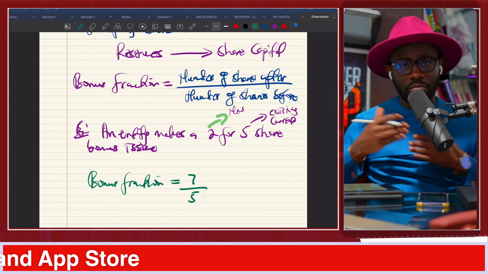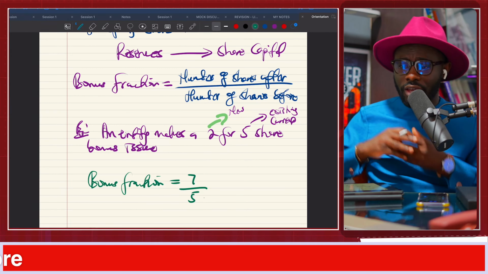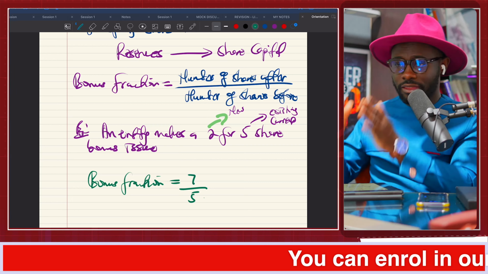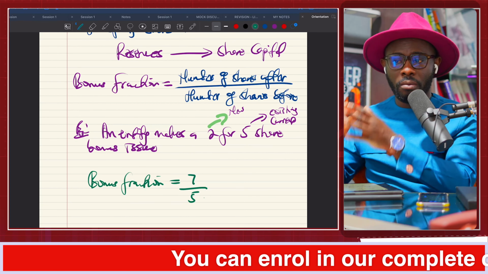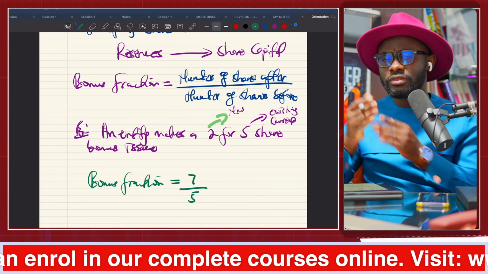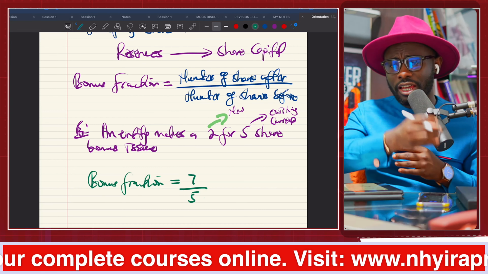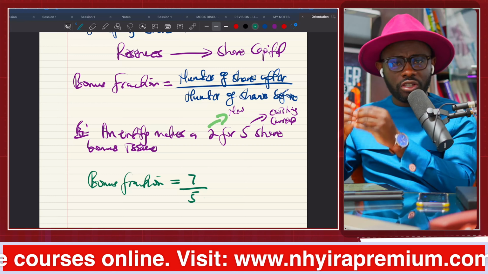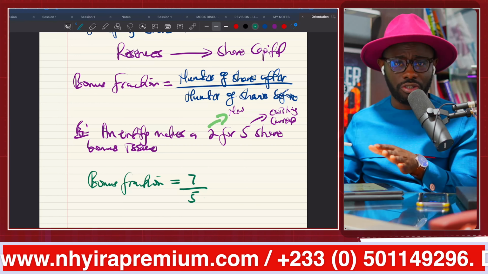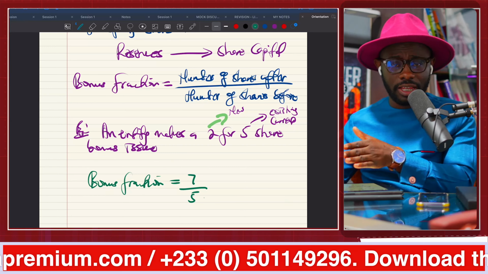So when an entity makes a bonus issue and we are calculating the basic earnings per share, this is how we go by calculating the bonus fraction. And like we discussed under the right issue, the bonus fraction will only affect shares prior to the right issue. So the same principle applies here.